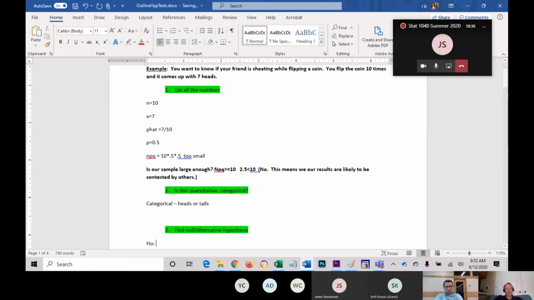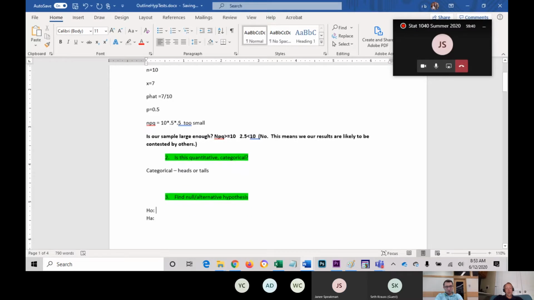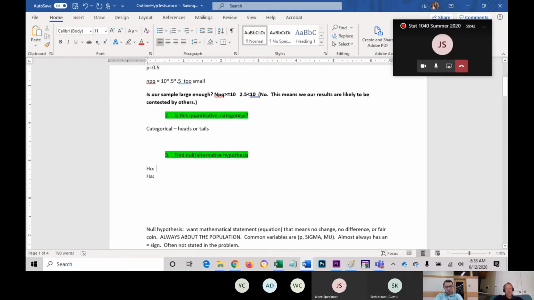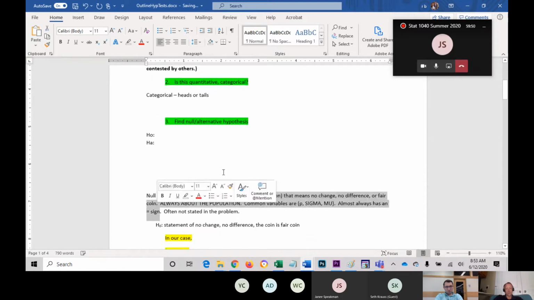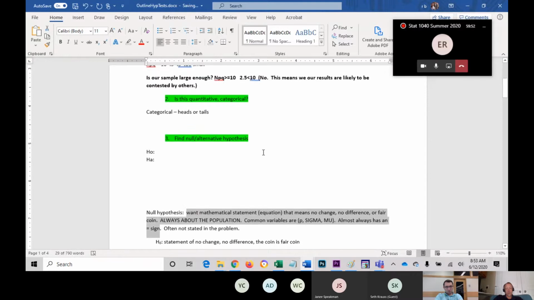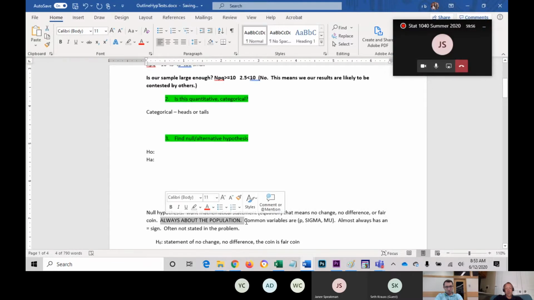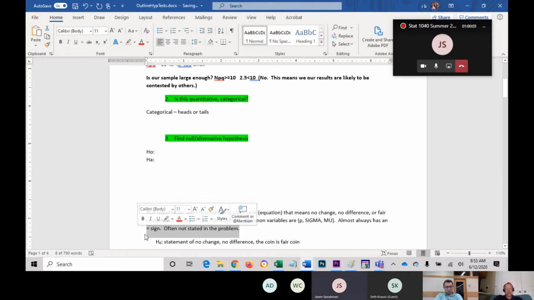Okay, so let's review again. The null hypothesis is a mathematical statement or equation that always means no change, no difference, or a fair coin. It's always about the population. Common variables are p, sigma, and mu. It almost always has an equal sign.